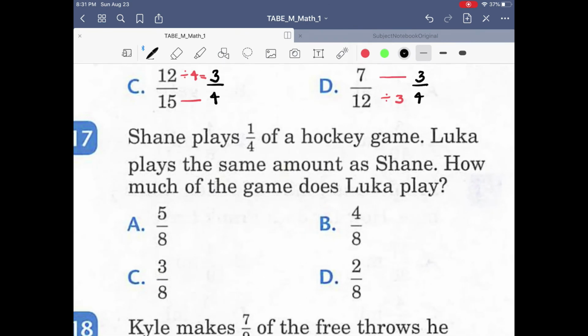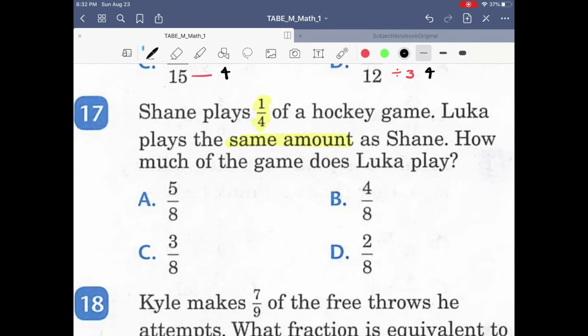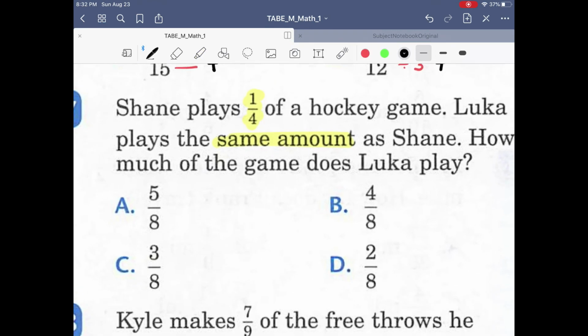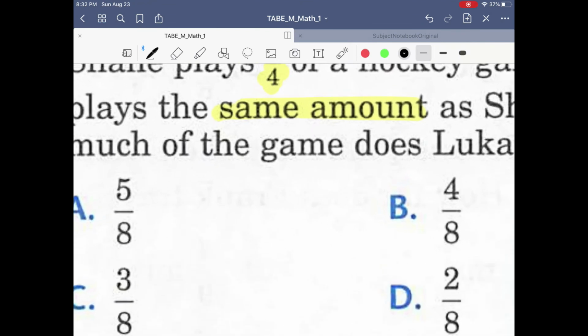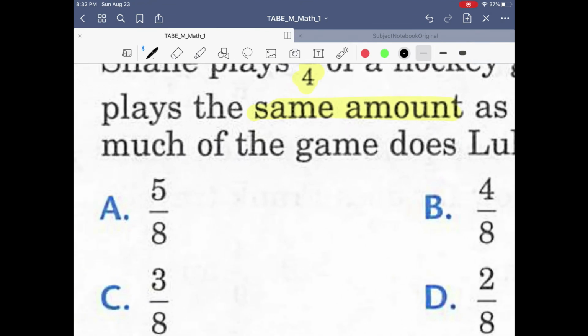Number 17. Shane plays a fourth of a hockey game. Luca plays the same amount as Shane. How much of the game does Luca play? So we're looking for an equivalent fraction to 1/4.